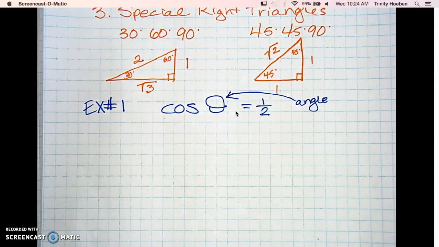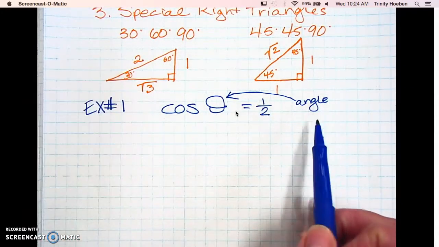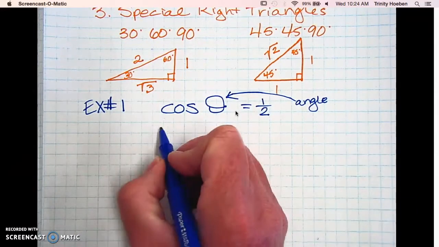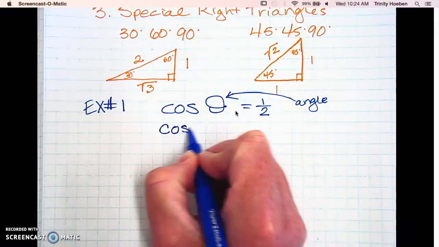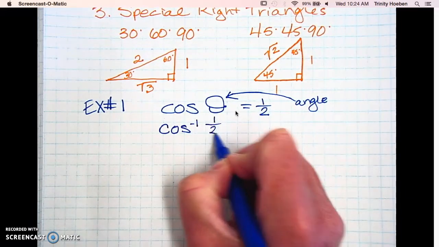And you'll see the Greek letters representing the angle measurements, okay? And since we're solving for an angle, should we use regular trig or inverse trig? Inverse trig. So we're actually going to change this to the inverse cosine of that ratio of 1 to 2.